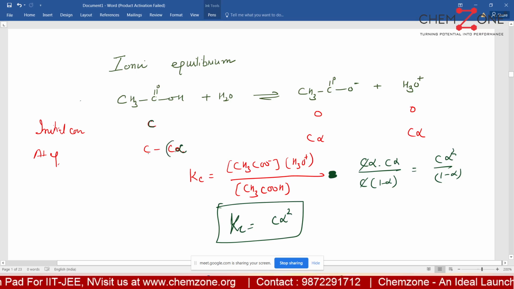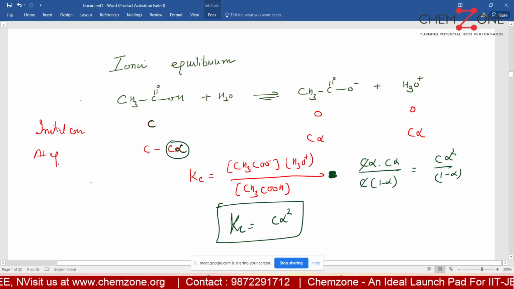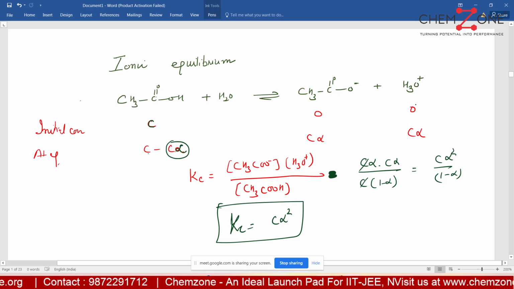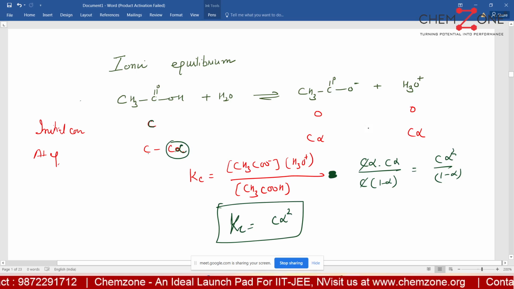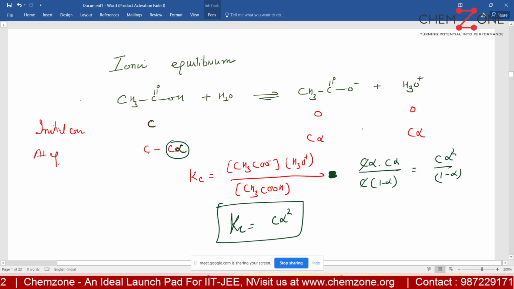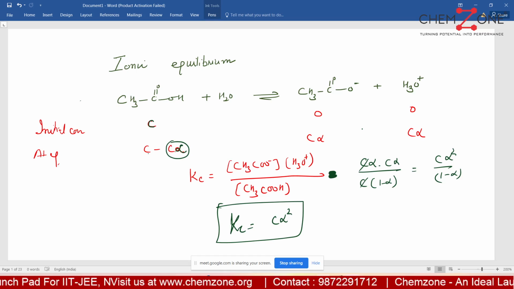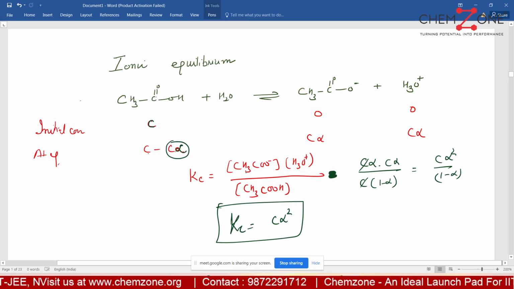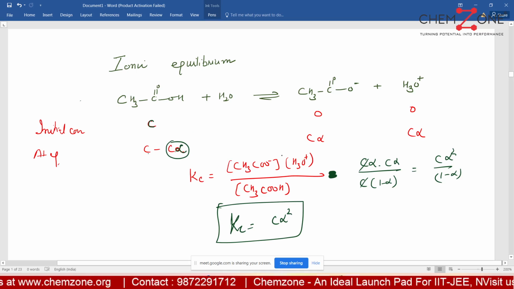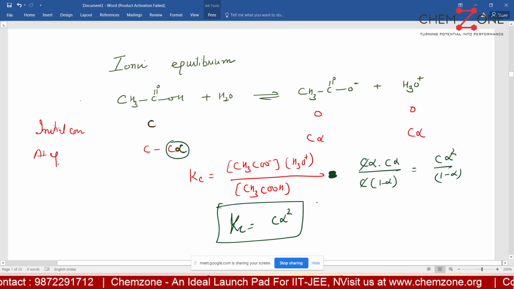It means C alpha is reacting. If C alpha reacts, it will form C alpha of the acetate ion and C alpha of the hydronium ion. Rest is the equilibrium constant Kc value, product upon reactant. Put in the values and solve it. Tell me, where are you stuck?